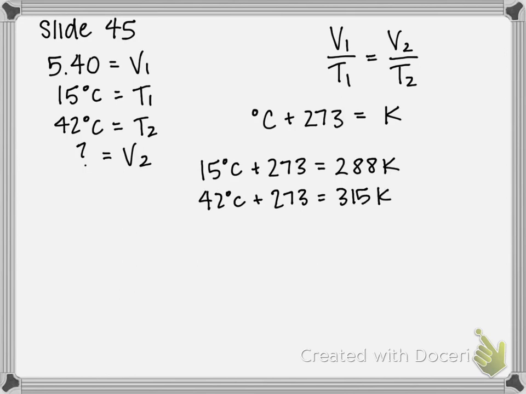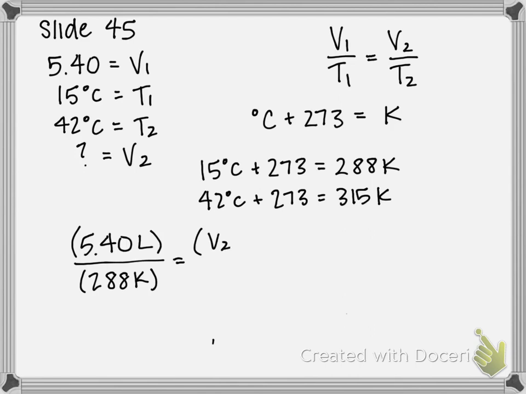So now we can plug all of our values into Charles' law. So our V1 is 5.4 liters, T1 is 288 Kelvin, our V2, that's what we're solving for, and our T2 is 315 Kelvin.